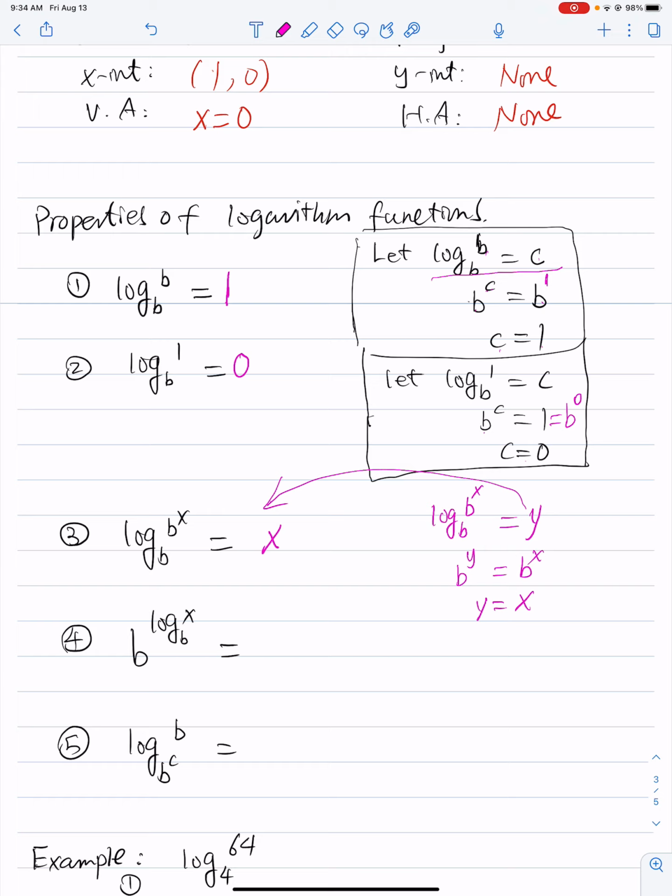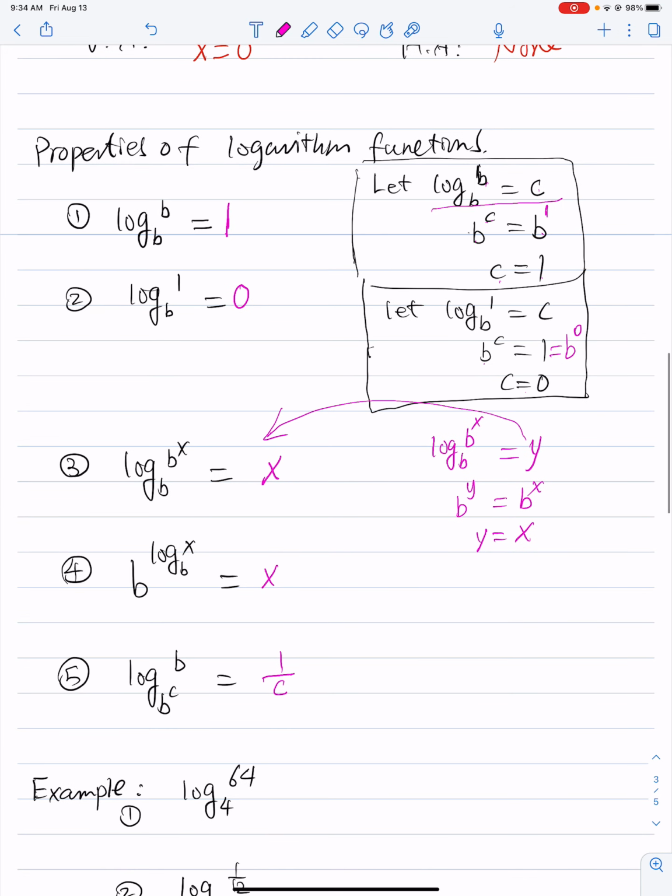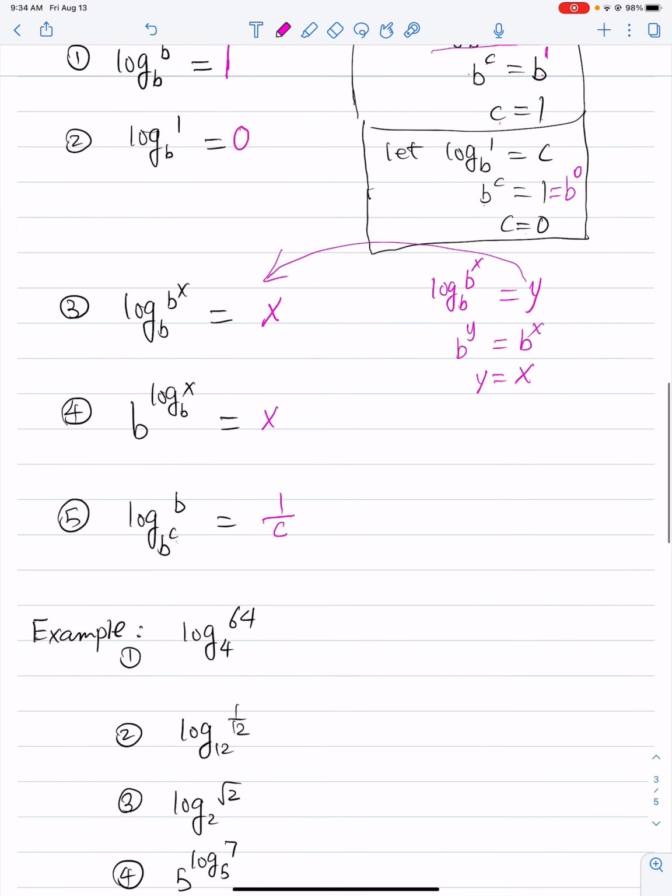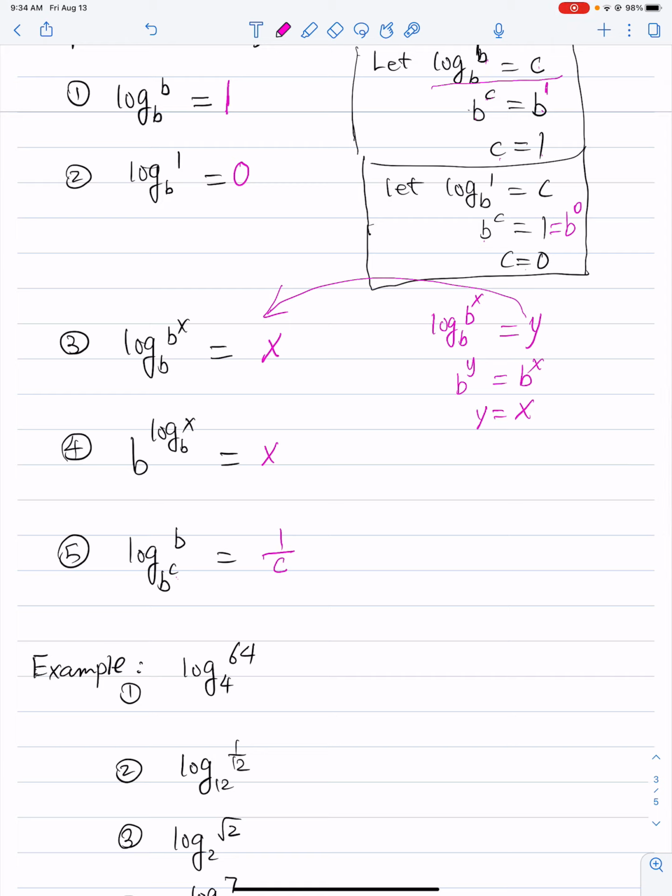And similarly, you can do this thing. So you have b to the x, and this one will be 1 over c. Be careful, if the exponent is on the bottom, it will be 1 over c. On the top, it will be the same thing. So similarly, what will be the general rule?